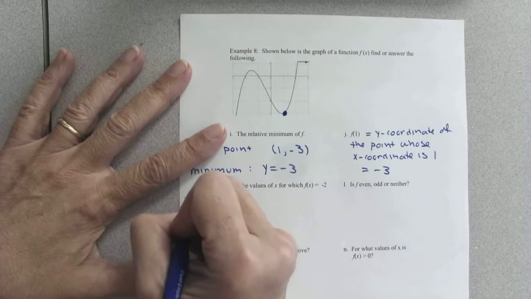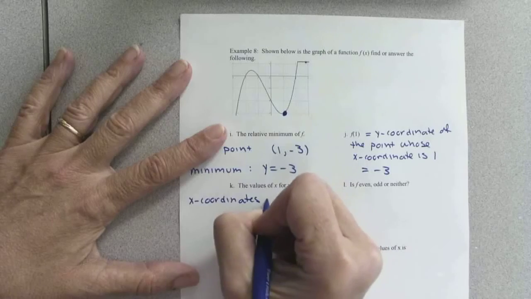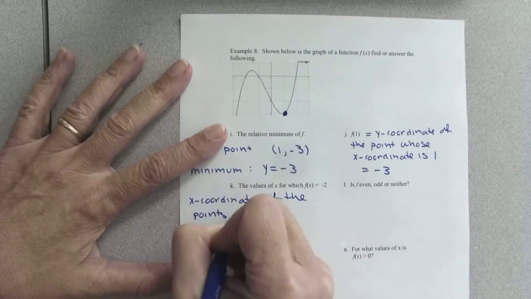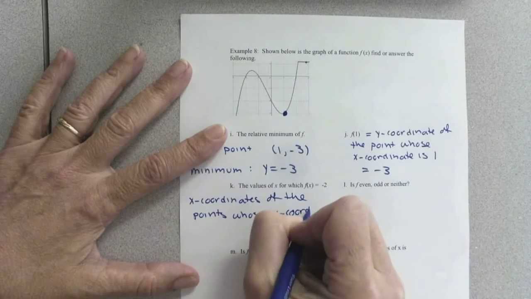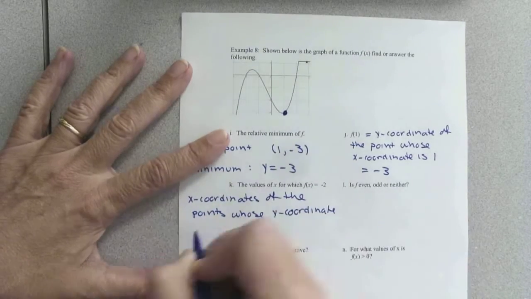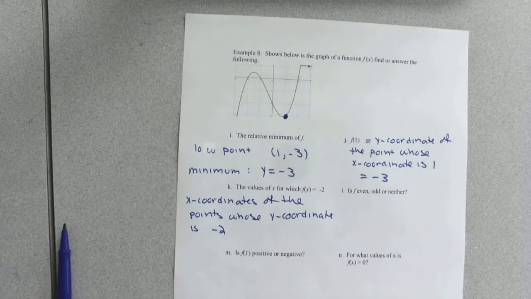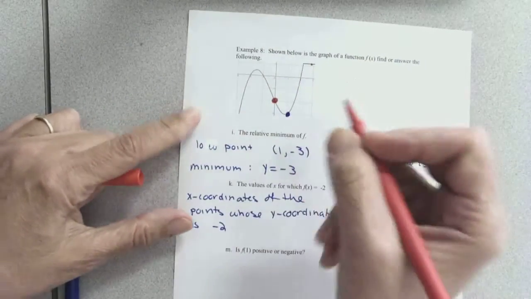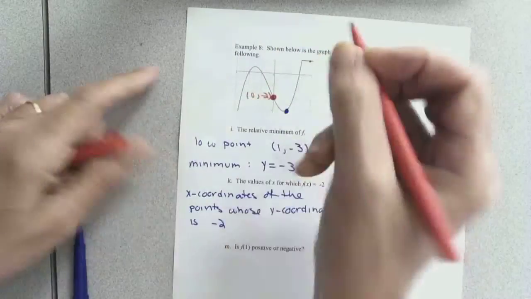The values of x for which f of x equals -2. And so this is saying the x coordinates of the points whose y coordinates is -2. So this one's pretty easy to see. It is just one of them, just right there. And so we've got the point 0, -2.